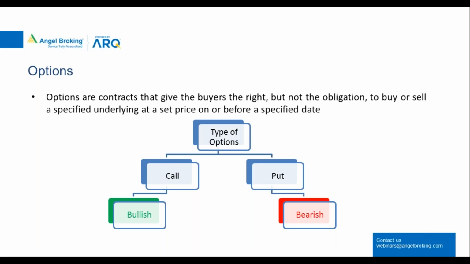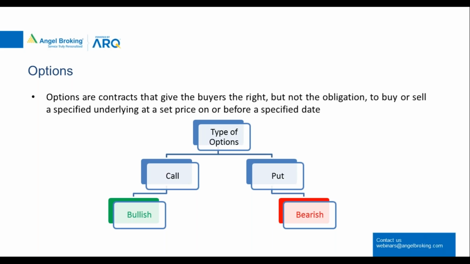Whereas when you are buying options, the maximum loss that you have, be it a call option or a put option, is the premium amount that you pay. We will look at examples also to clarify it further. For now, you need to understand that we have futures and options as derivative instruments.